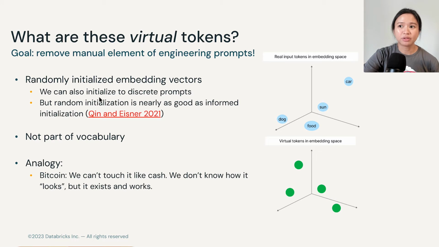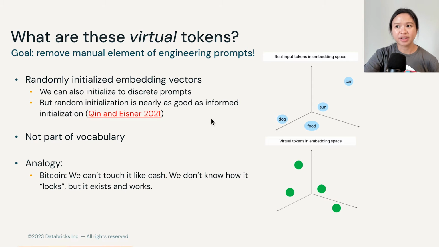So for example, my discrete prompt can be as simple as a 3-word prompt. Classify this sentence or translate this sentence. And those discrete prompts would then be free to be updated as the model is fine-tuned. So that initialization to discrete prompt is also called informed initialization.